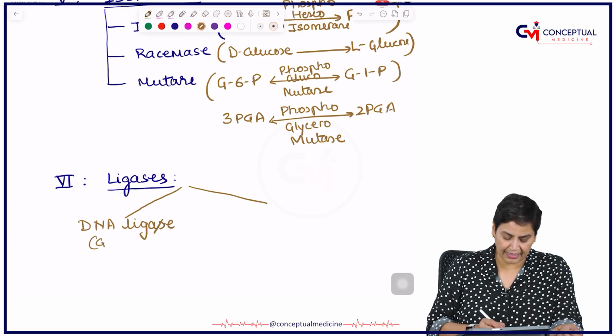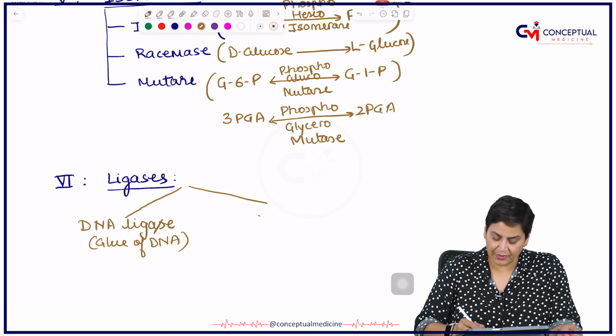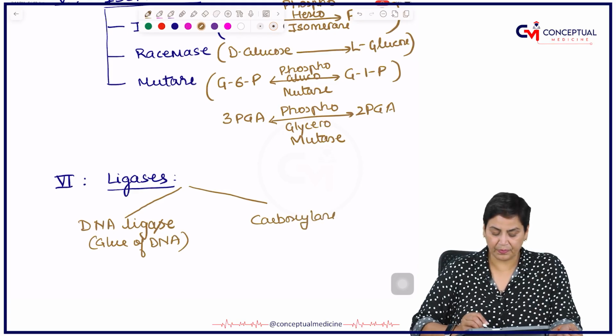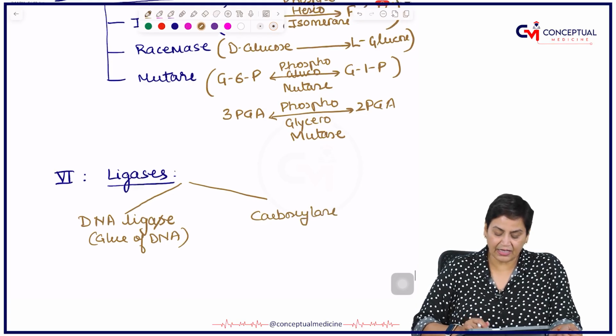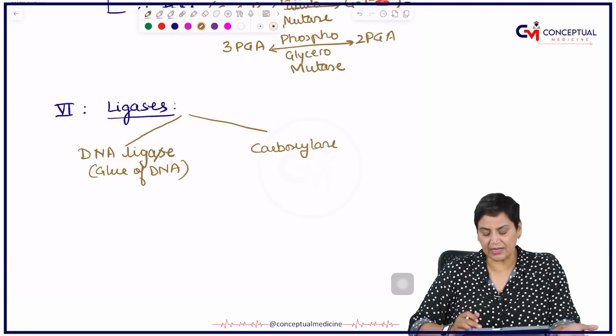We call DNA ligase the glue of DNA. And another example of this will be carboxylase, because again we are joining something. So DNA ligase comes under ligases, and carboxylase.